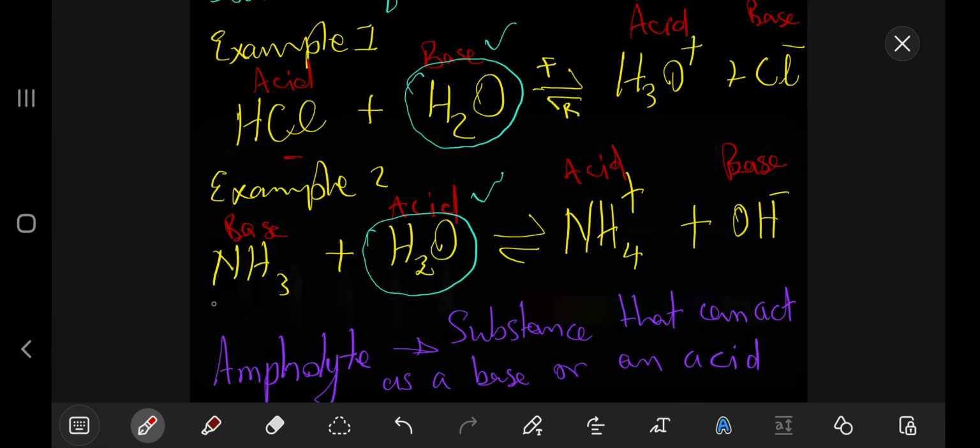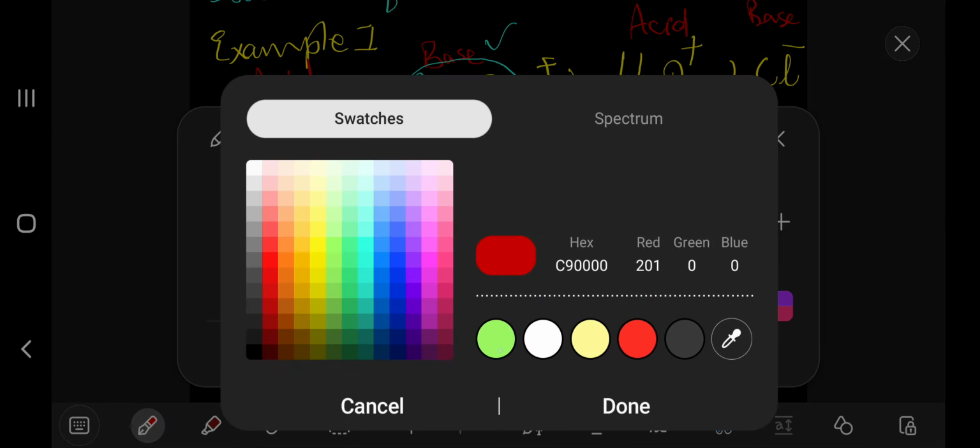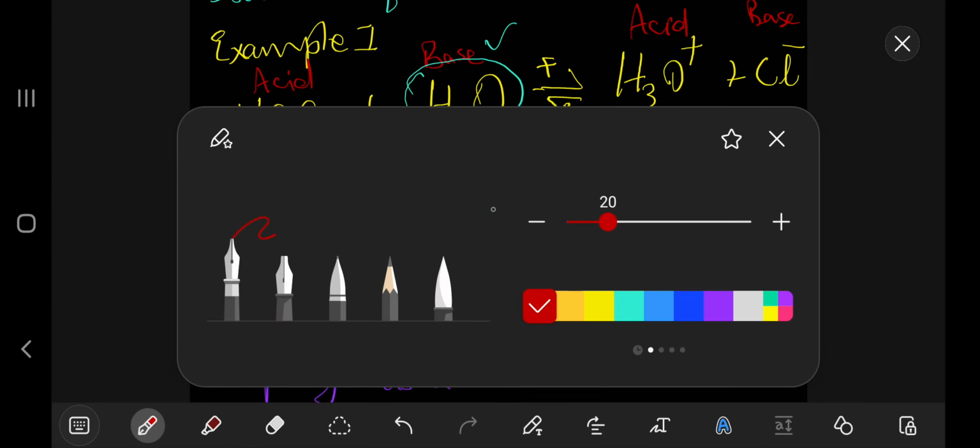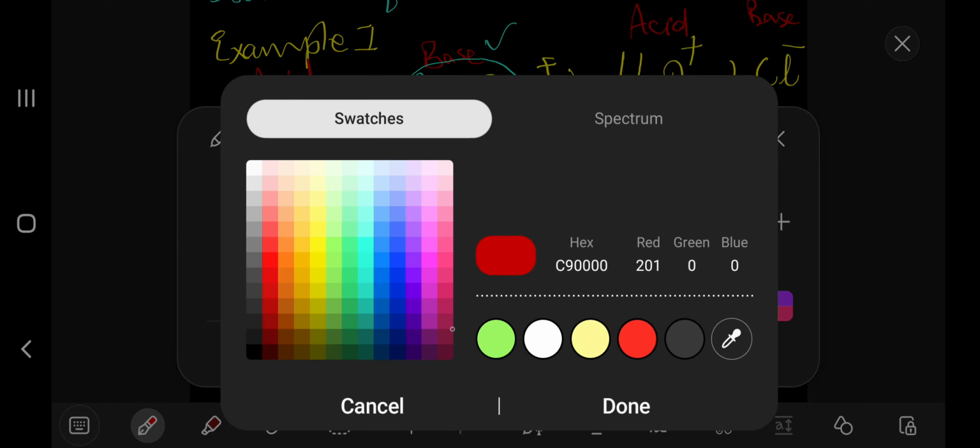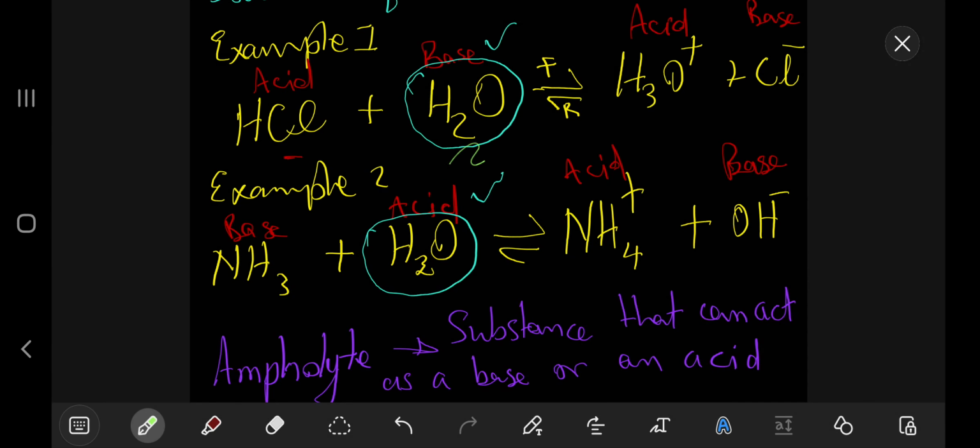Hydrochloric acid is an acid, right? So it means the second, which is H2O, is a base, right? And this is an acid, that is a base.